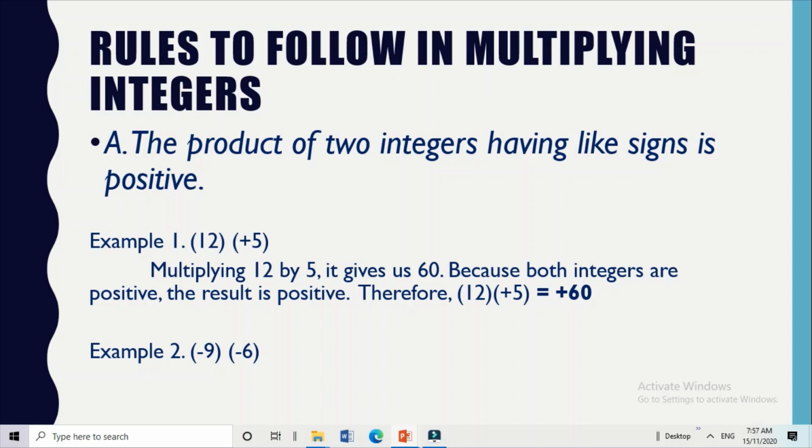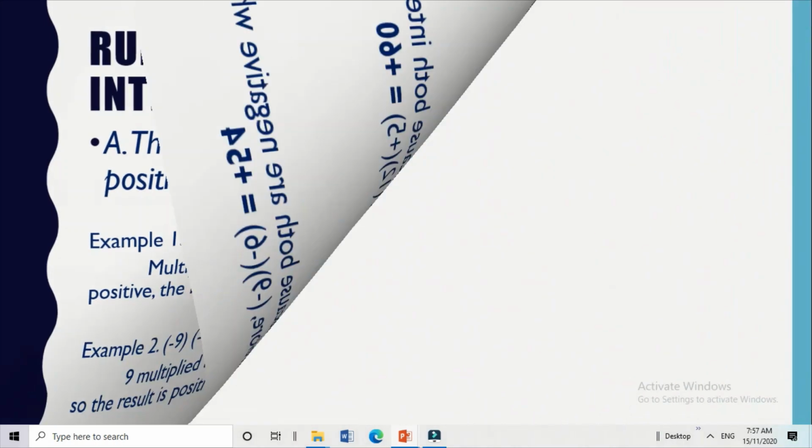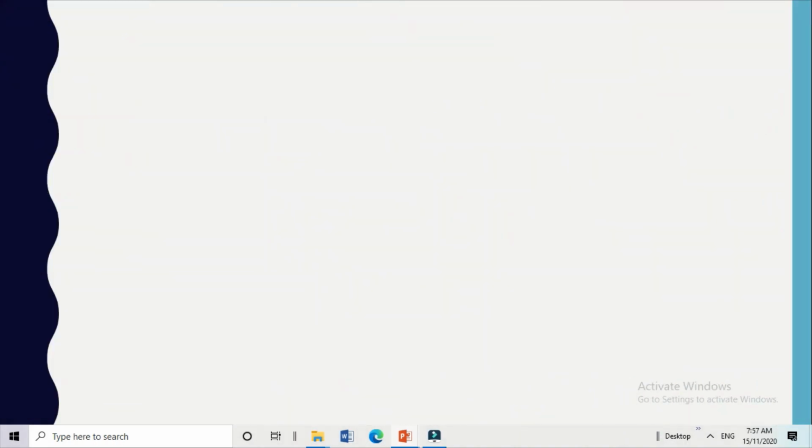In this example, both numbers are negative. Therefore, the result will be positive. So, negative 9 times negative 6 is equal to positive 54.